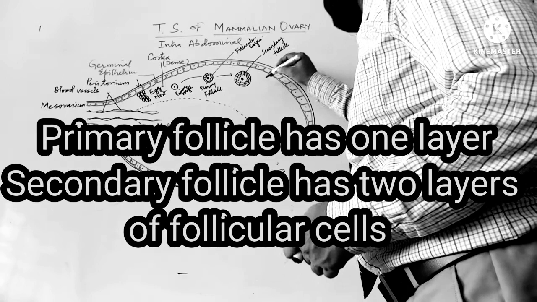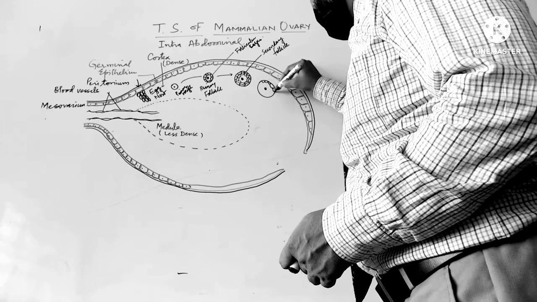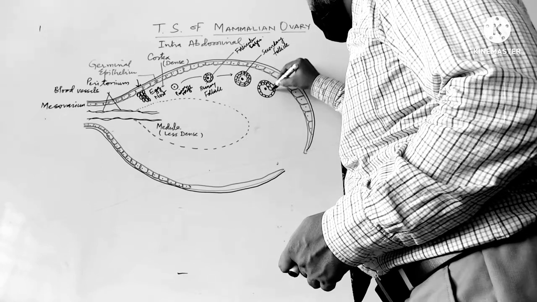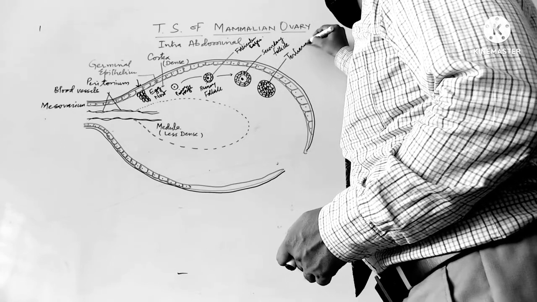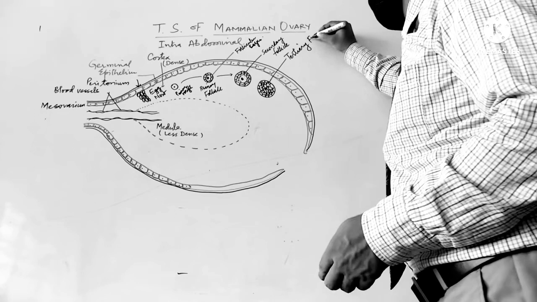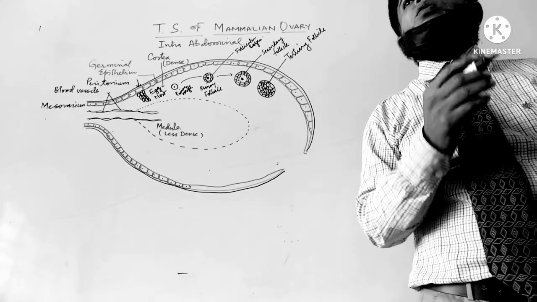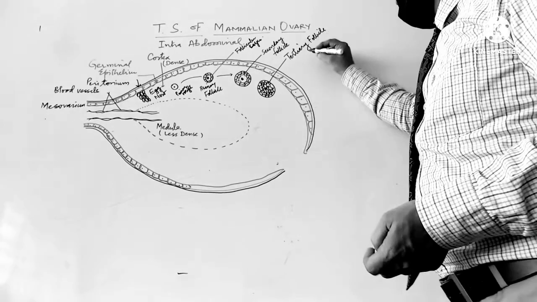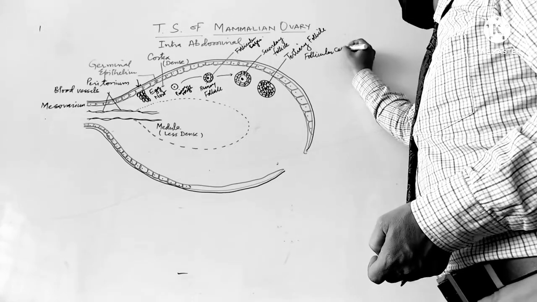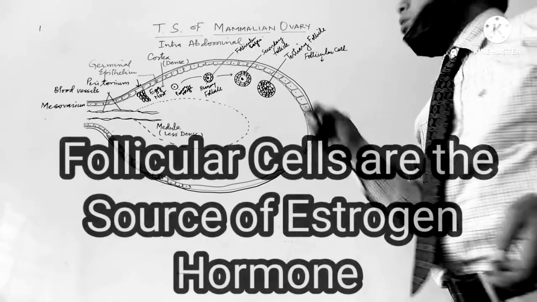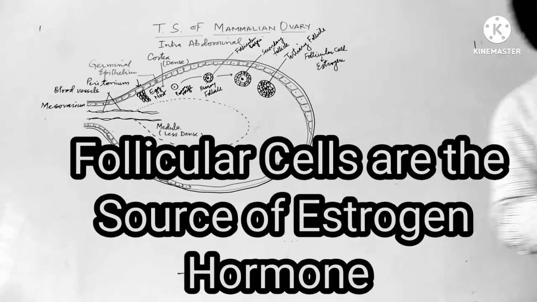This is further developed and is called the tertiary follicle. More layers are added. Primary, secondary or tertiary is made up of follicular cells, and follicular cells produce estrogen.